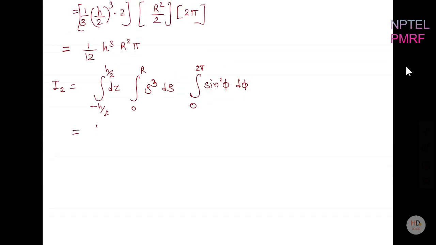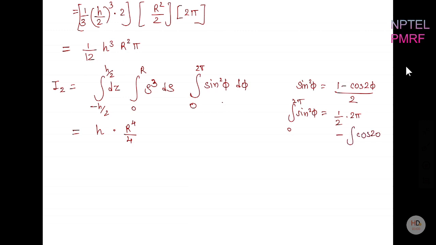Okay, so this is just h times r to the power 4 by 4, and sine square phi is 1 minus cosine of 2 phi, right, upon 2. So the integral of sine square phi from 0 to 2 pi would be the integral of half, which is 1 by 2 times 2 pi, minus the integral of cosine 2 phi d phi from 0 to 2 pi with a half.